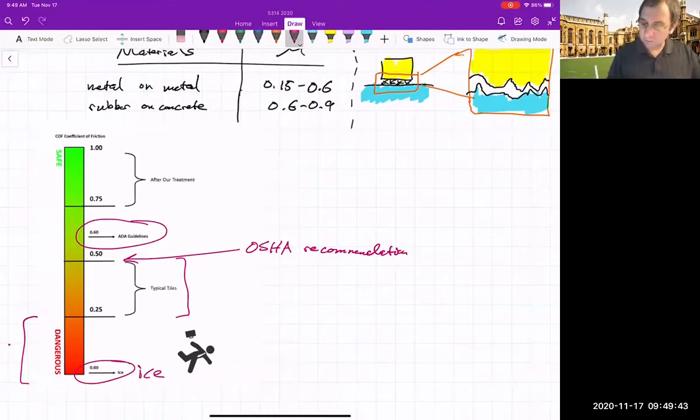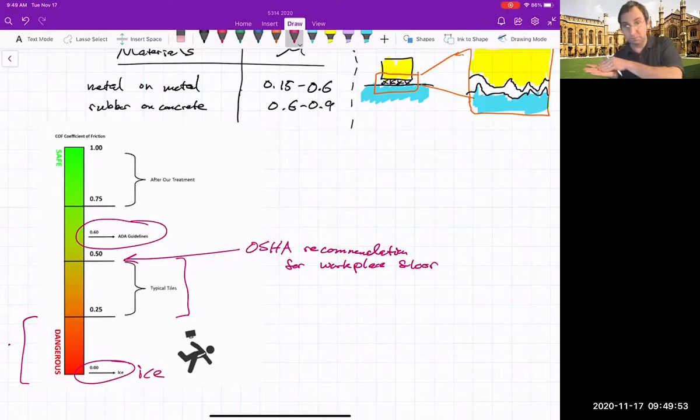So that's the recommendation for workplace floors, between your shoe and the tile. So when it says typical tiles, that also depends on the type of shoes you're wearing. If you're wearing bowling shoes, it's going to be really low. If you're wearing certain good work boots, then it'll be fine.